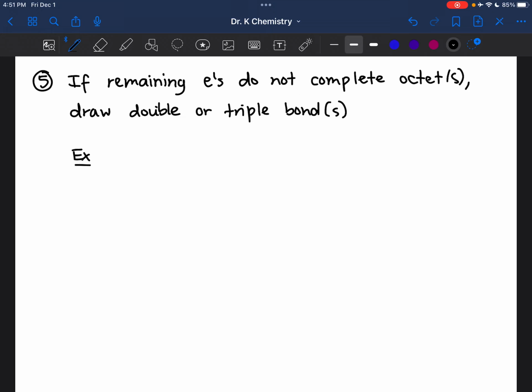For example, let's draw the Lewis structure of HCN.